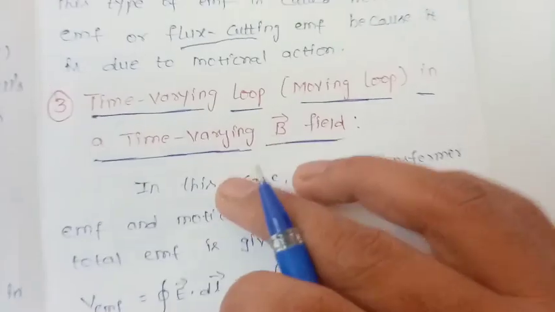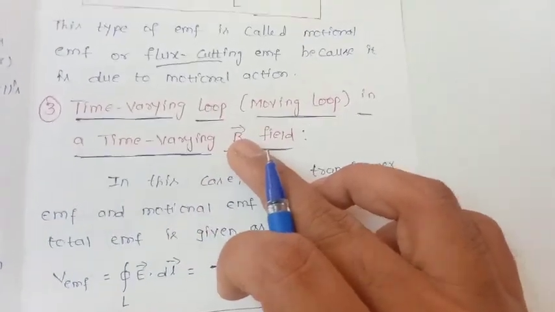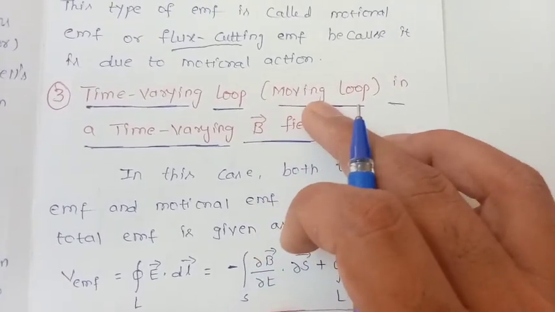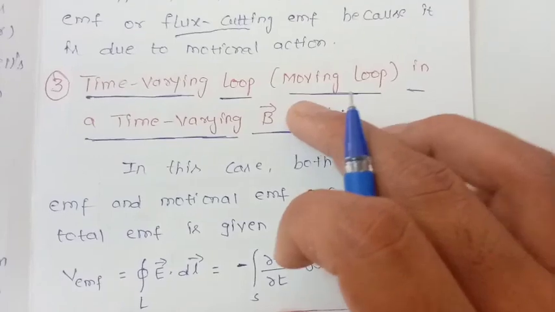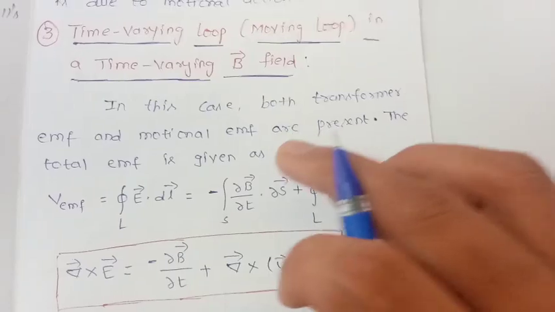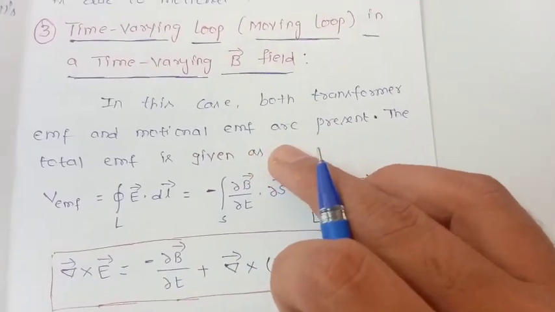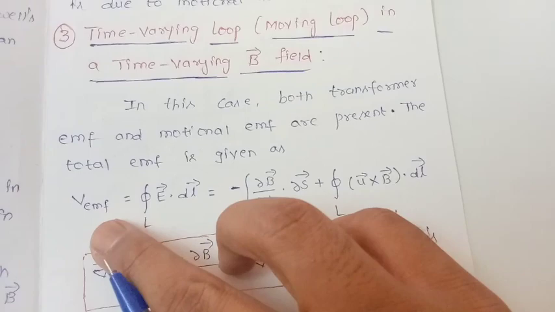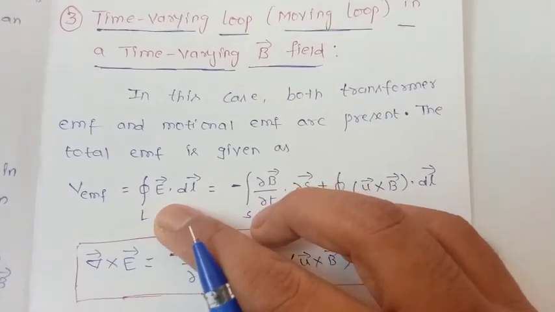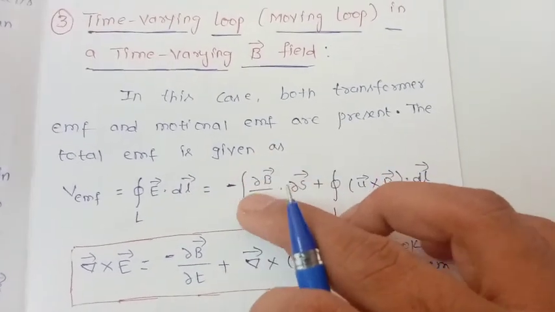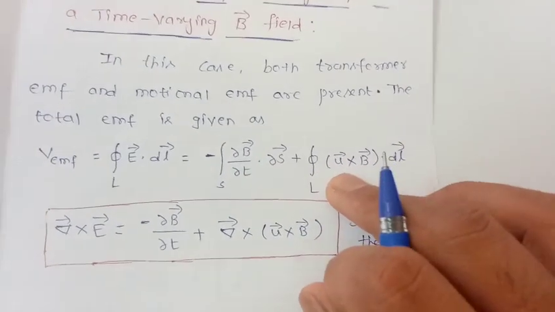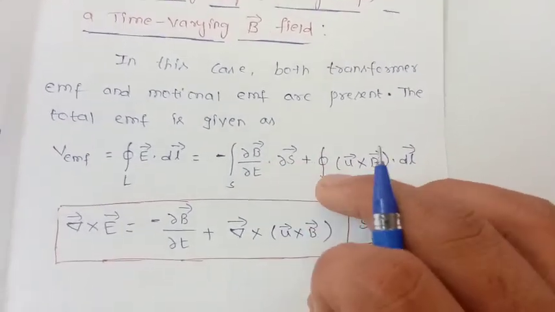Now coming back to the third case, the time varying loop, or you can also call it a moving loop in a time varying magnetic field. In this case both transformer EMF and motional EMF are present. Therefore the total induced EMF is given by the closed line integral of E bar dot dl bar, which equals the transformer EMF plus the motional EMF, since both are present.